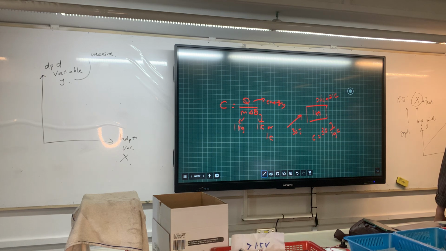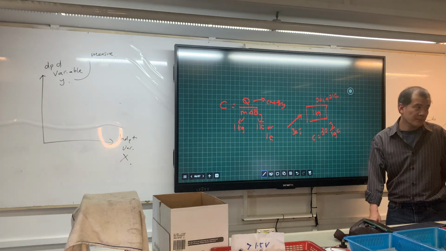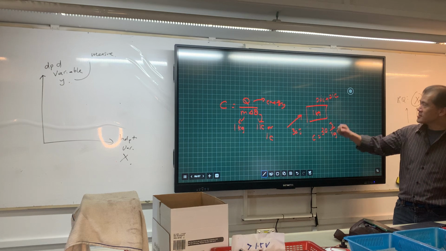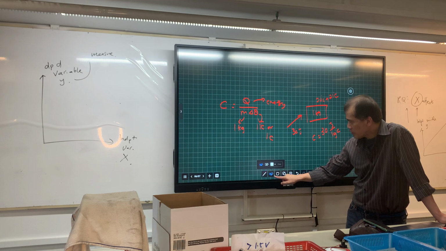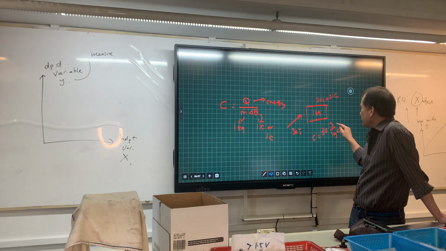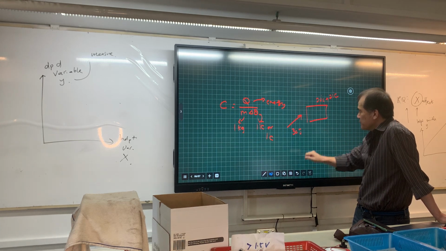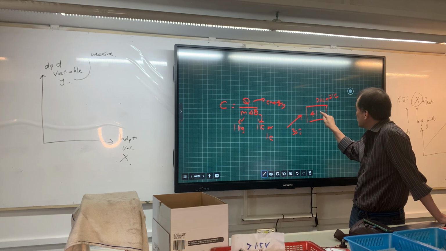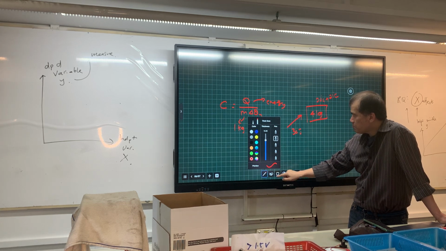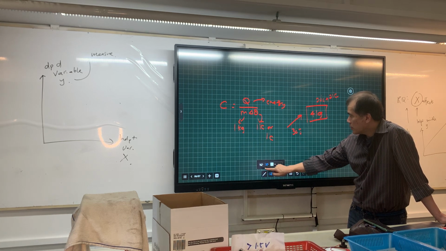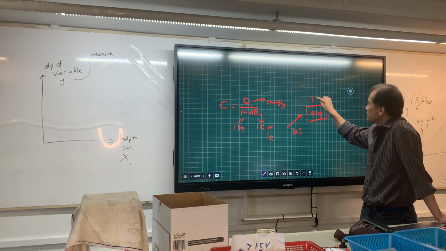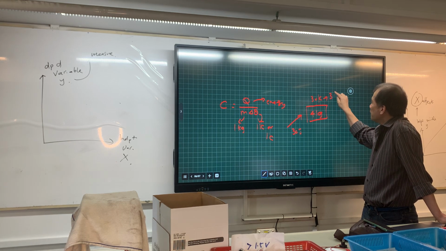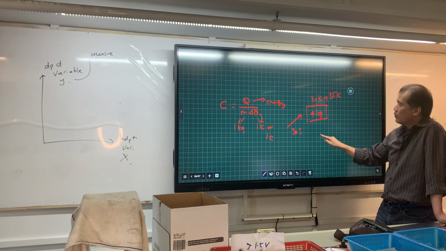So let's make it more exciting. I'm going to change this mass. I'm going to change the temperature as well. Let's see if you can find out what I mean. Let's say the mass of this is 4 kg. And let's play around with the temperature. Let's say this temperature started from 30 Kelvin to 35 Kelvin. What is my C?